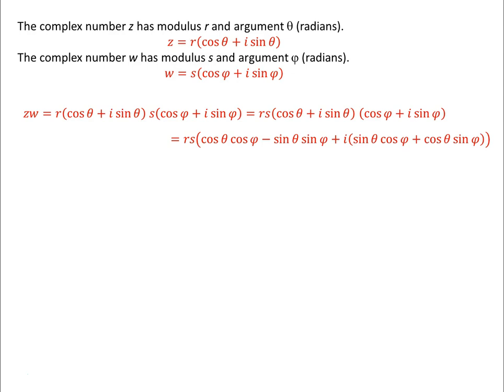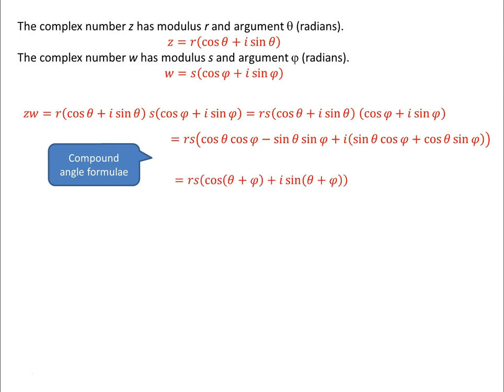Now, in the previous video we introduced the compound angle formulae, and you may have met them in your maths A-level studies as well. The compound angle formulae tell me that cos theta cos phi minus sin theta sin phi is exactly the same thing as cos(theta plus phi).